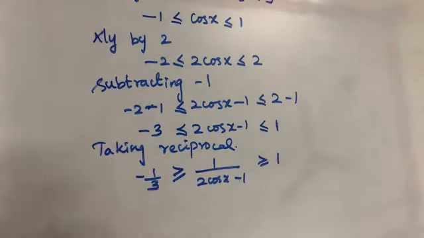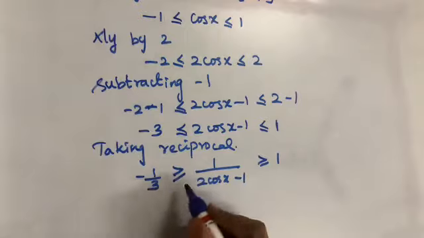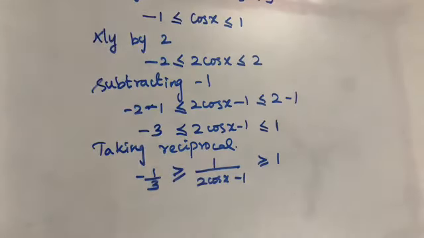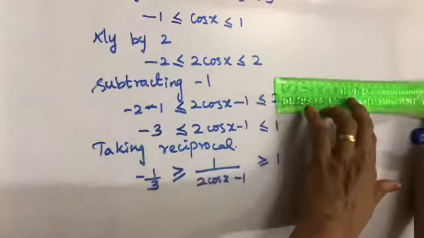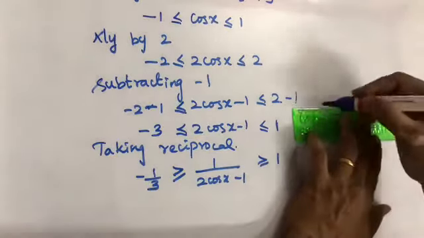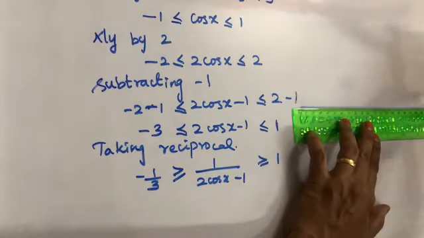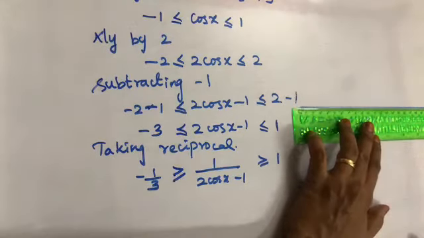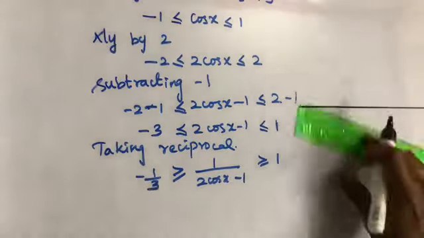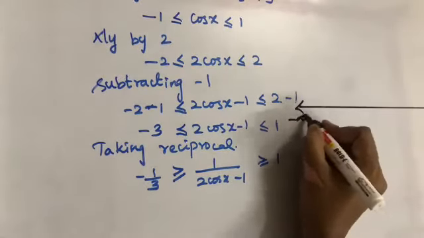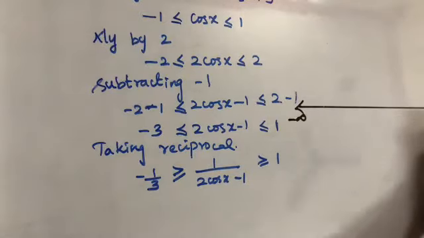Okay, so now I am going to mark the values on the number line. Minus infinity, here it is infinity.